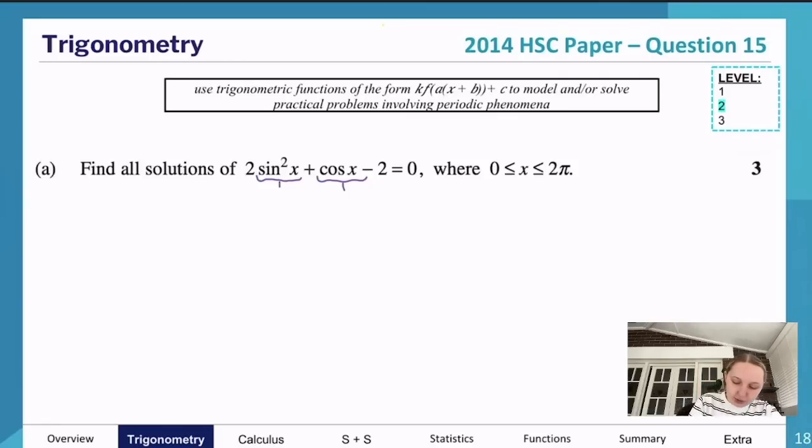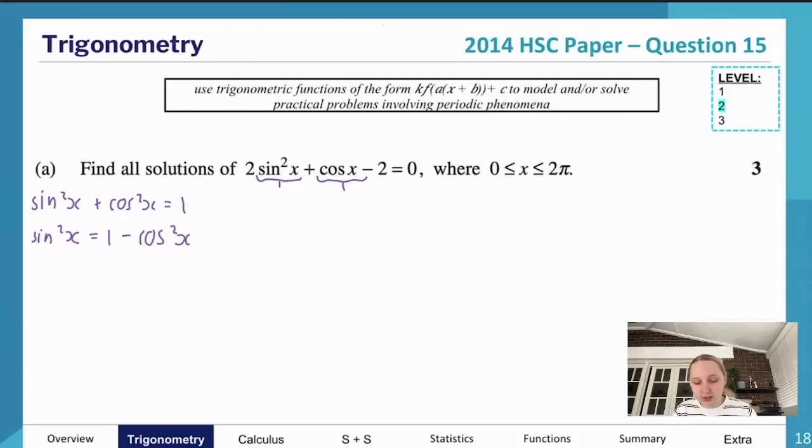Hopefully you're all familiar with the formula sine squared x plus cos squared x is equal to 1. From that, sine squared x is equal to 1 minus cos squared x. Funny how that works when we've got sine squared x as part of the question.